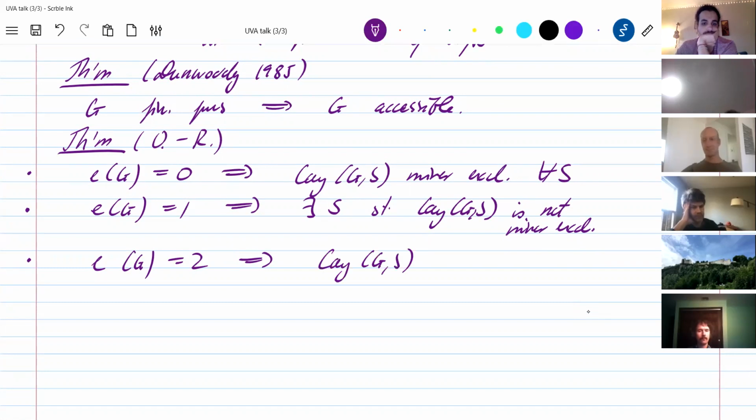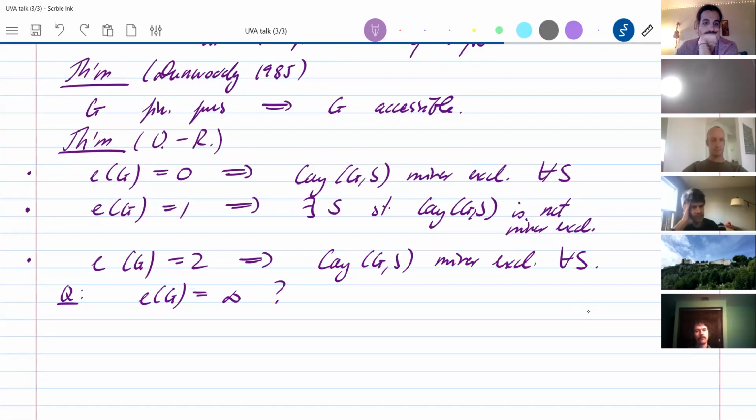So this will be minor excluded for any choice of generating set. Of course, we can ask ourselves, what about infinitely many ends? Ostrovsky and Rosenthal didn't say anything about infinitely many ends, and we're going to say something about that in a second.